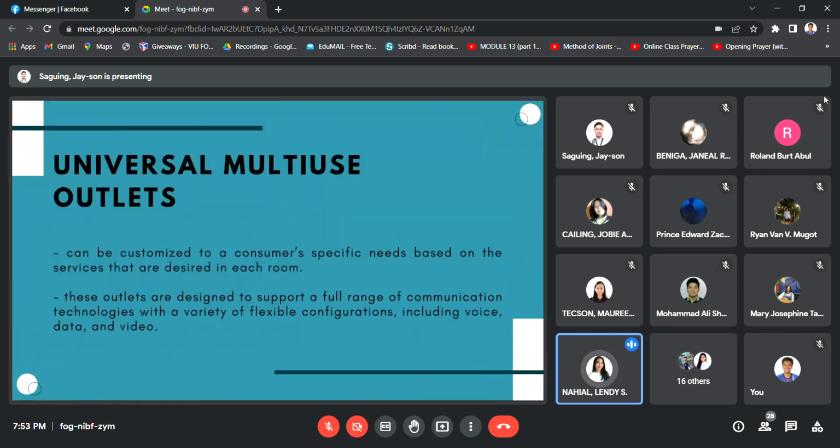So the next component is the universal multi-use outlets. The telecommunication outlets in a room determine the services that are available in that room. Universal multi-use outlets can be customized to a customer's specific needs based on the services that are desired in each room, for example cable, internet access, telephone, and so on.